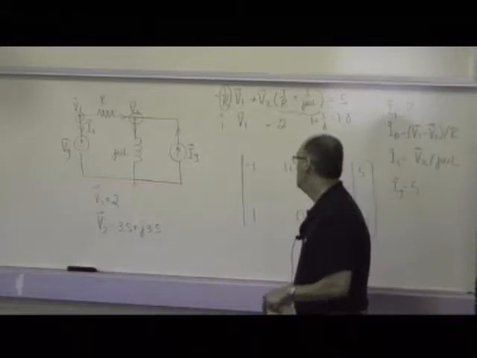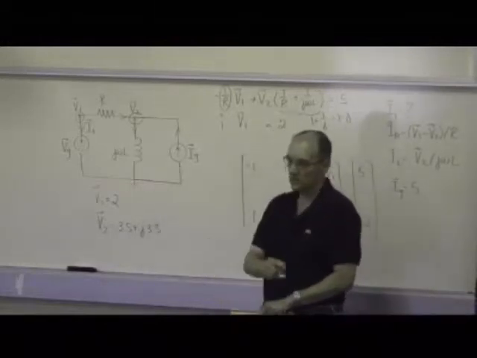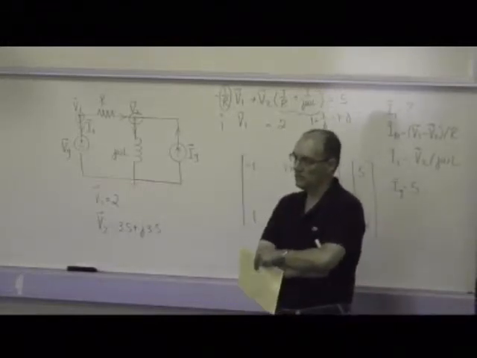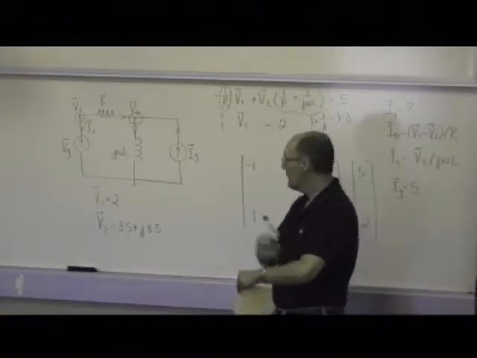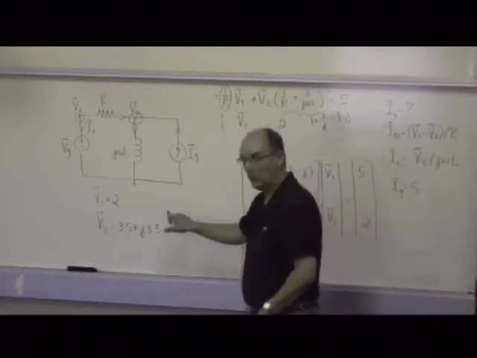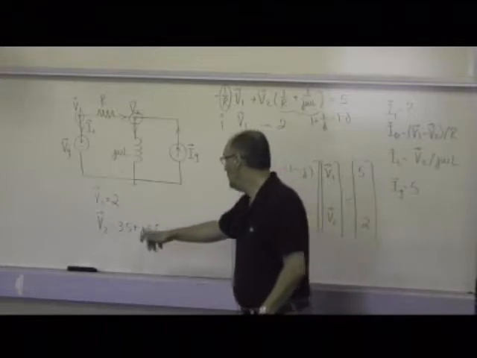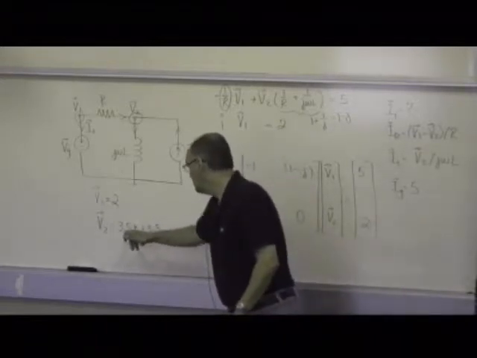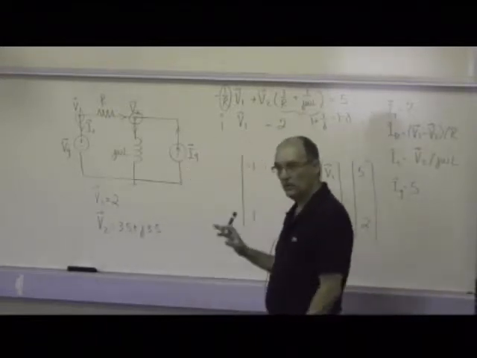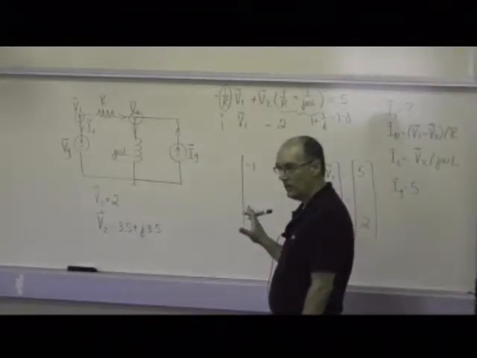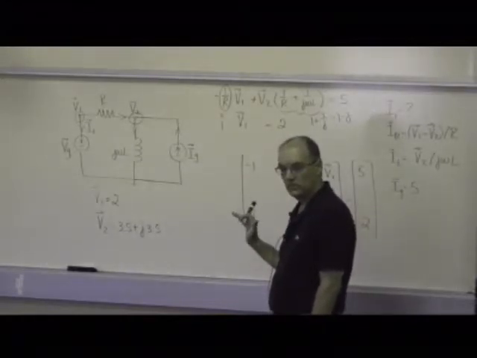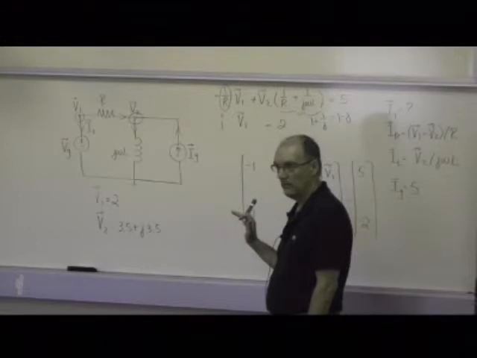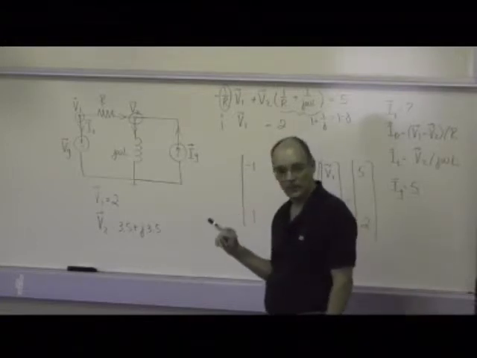Can you immediately translate this into sinusoids? Not in this form. You need it in polar form. So what you need to do is convert this complex number in Cartesian form into the polar form. Are you all familiar with that? I don't want to waste your time.